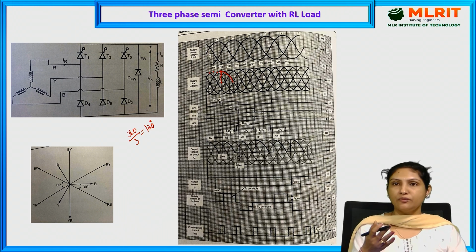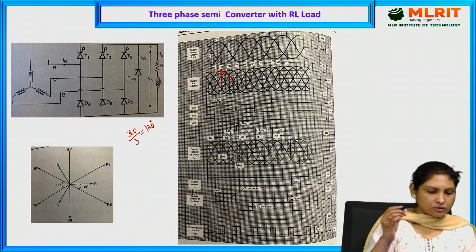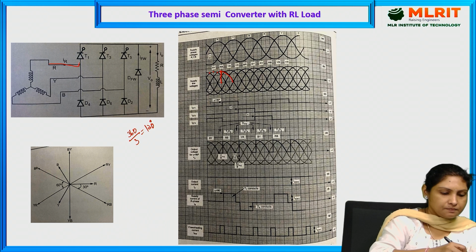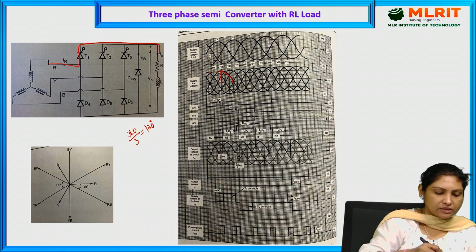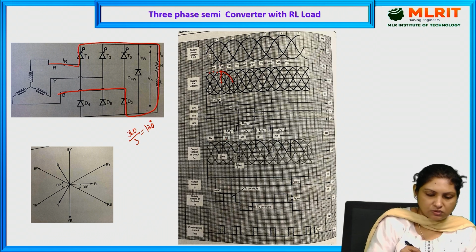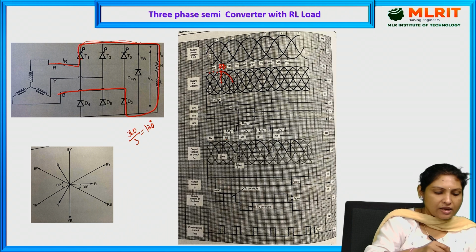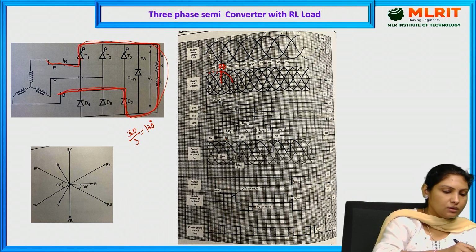And even before that, because of the RB phase, T1 and D2 will be forward biased. See, this is T1, which is conducting current through the load, and again D2, because of the RB phase. Thyristor 1 as well as diode 2 will be conducting the current through the load.